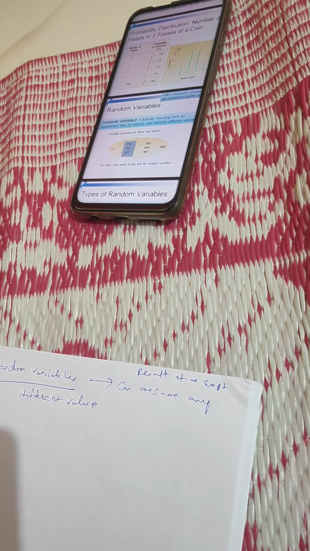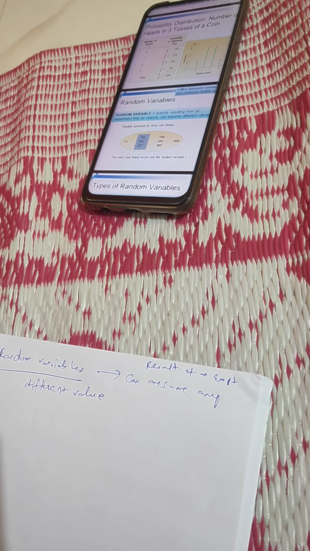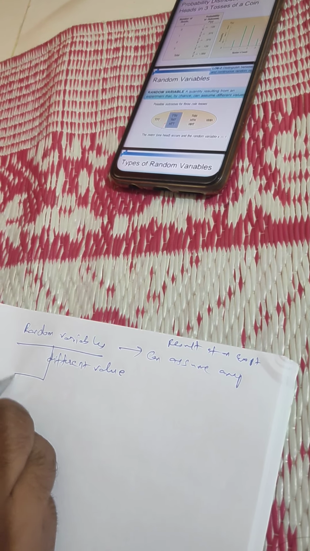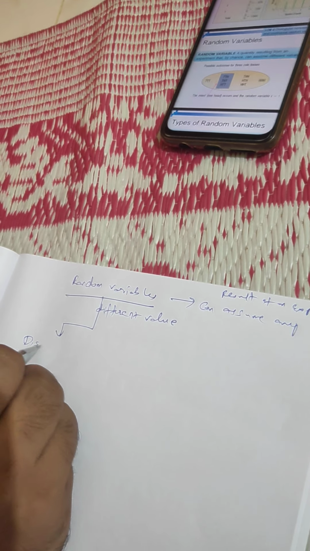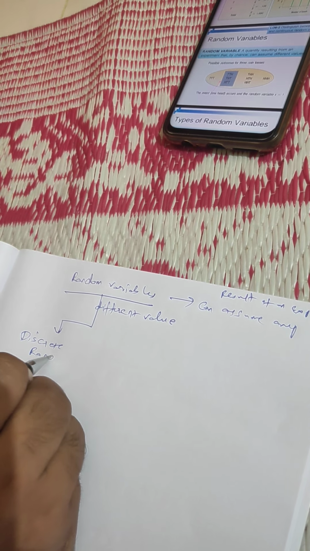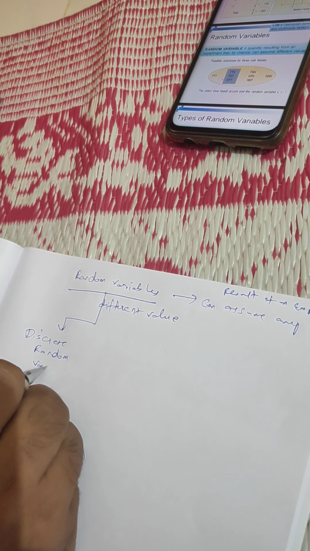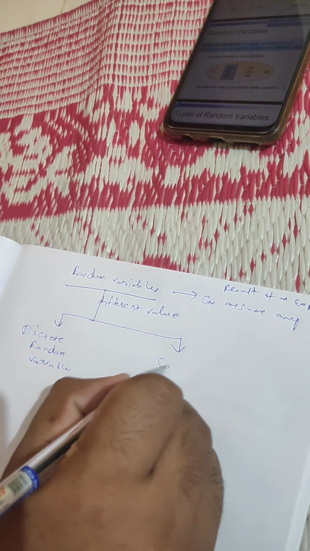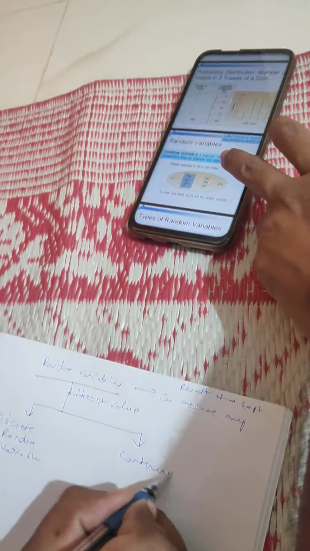In this we have discrete random variable and continuous random variable.